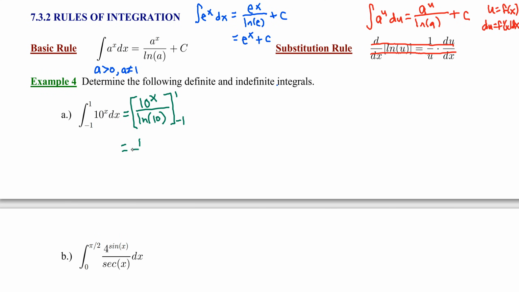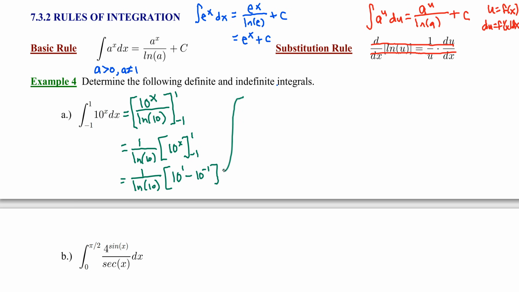So one thing that we can do to simplify this is to factor out that constant 1 over natural log of 10, and then just evaluate 10 to the x from -1 to 1. Applying our fundamental theorem of calculus, we end up with upper limit 10 to the 1 minus lower limit 10 to the -1. When we simplify, we have 1 over natural log of 10 times 10 minus 1/10.